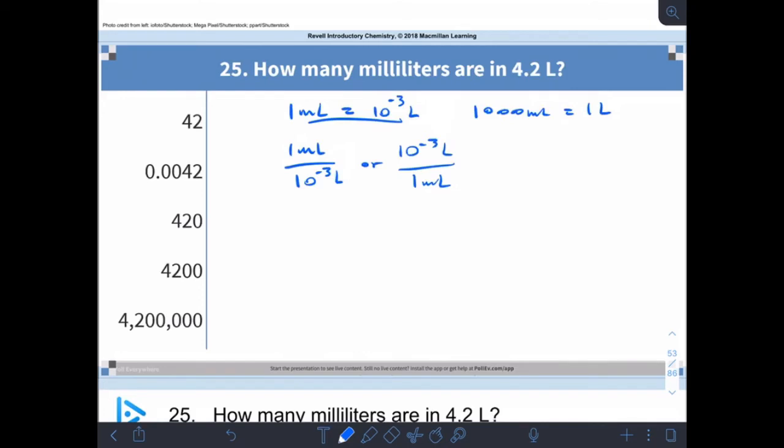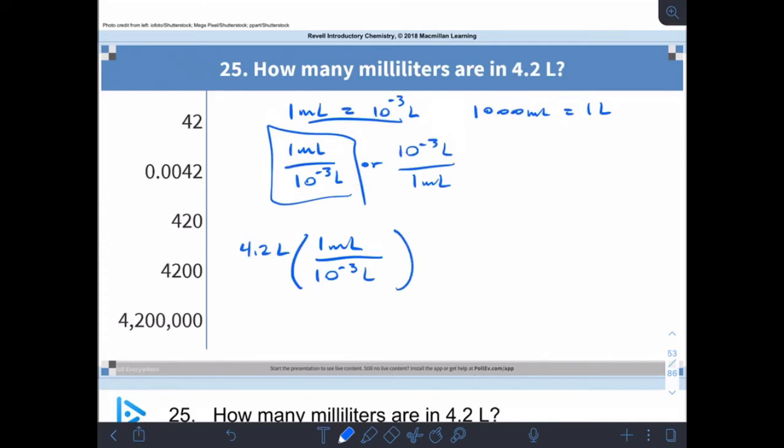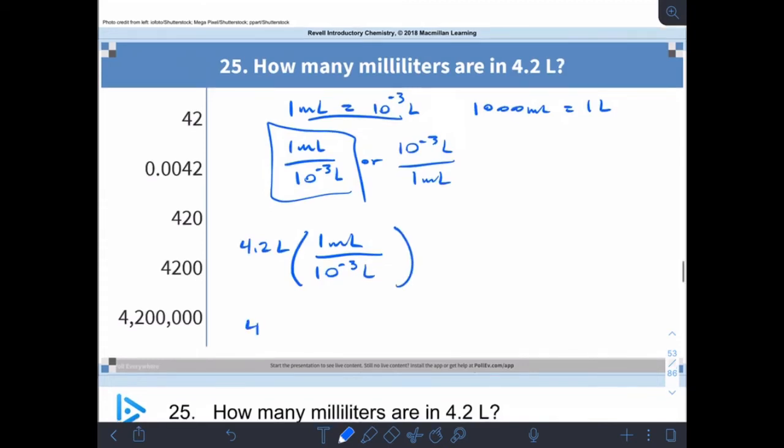So I'm going to start with my given information, 4.2 liters, and I'm going to pick the conversion factor that has liters on the bottom. That's this one right here. So I'll say 1 milliliter over 10 to the minus 3 liters. And in my calculator, I'm going to enter this: 4.2 divided by E minus 3. Remembering anything on the bottom of a conversion factor, we divide.